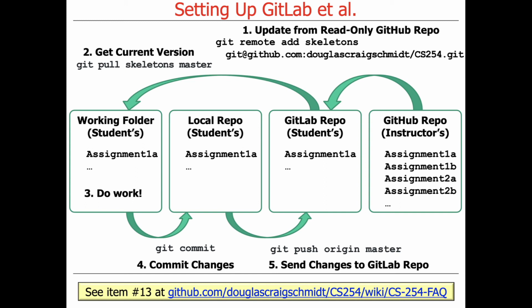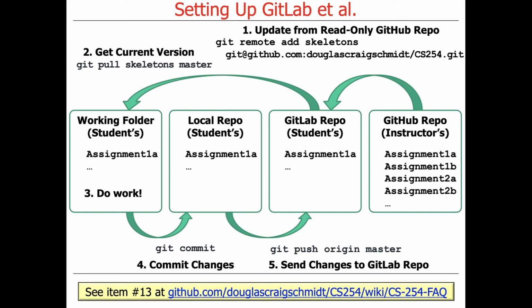And then you do your work. You edit the files and do whatever you need to do to get the test passing. And I would actually recommend you do the following multiple times. You can commit your changes with git commit -a -m, and you give a message to indicate what you just did, like added first implementation or something like that. So you commit your changes. That pushes work from your working copy to your local Git repository. So it's now in some common place on your local computer.